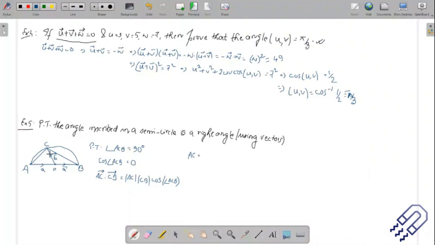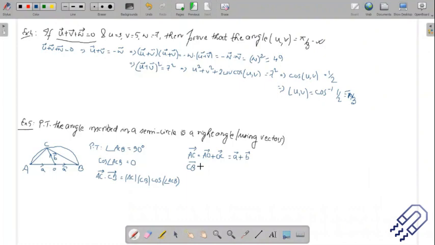We can draw the vector diagram in such a way. This is AO, this addition of vectors, plus OC. So we can take AO to be A bar and OC to be B bar. So that's it. Okay, what about CB?